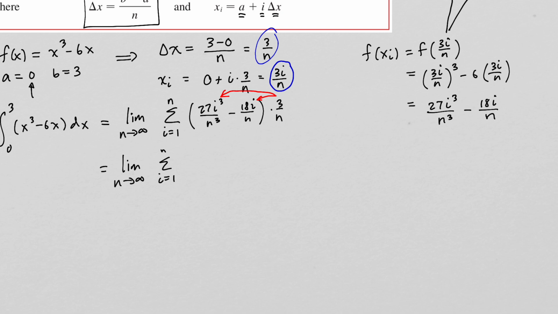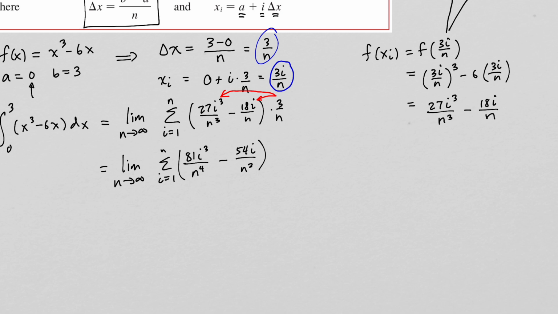So we're going to multiply 3 times 27, which is 81, i cubed over n to the 4th. I'm multiplying top to top, bottom to bottom, minus, and then we have 3 times 18i, that's going to be 54i, divided by n times n, which is n squared. So that's just basic algebra.